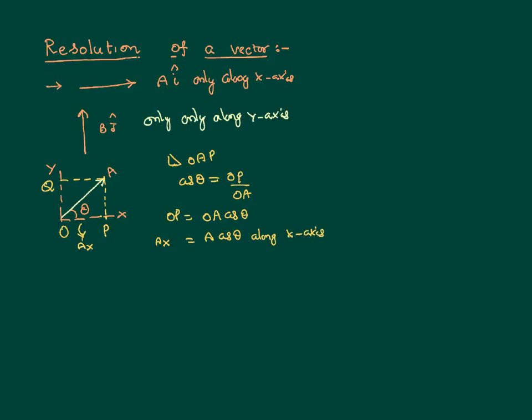So we are resolving a vector into components, identifying how much of the vector is along the x axis and how much is along the y axis. Similarly, in the right angle triangle OAP, if I write sin theta, opposite side AP by hypotenuse OA, AP is equal to OQ, so OQ by OA.